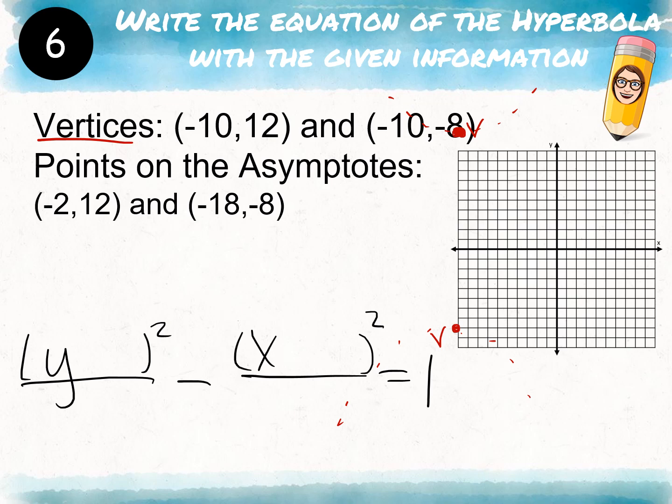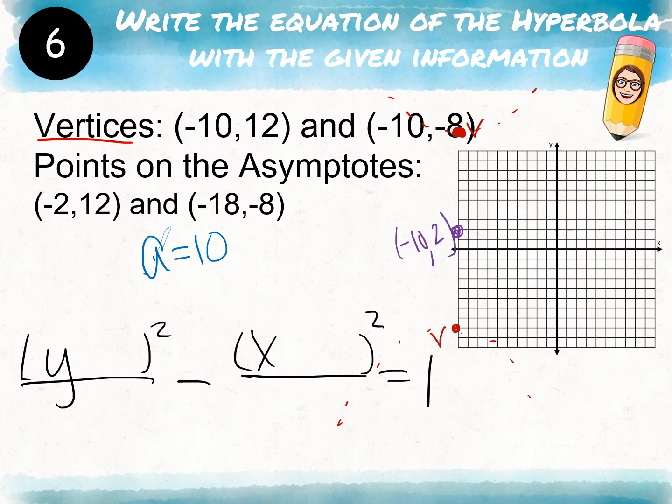The middle's obviously going to be at negative 10 something. The distance from 12 to negative 8 is a distance of 20. If that distance is 20, that means my a value is 10. So 10, if I go south of 12, would be at 2, or 10 from negative 8 would still be 2, right? So negative 10, 2 is my center.